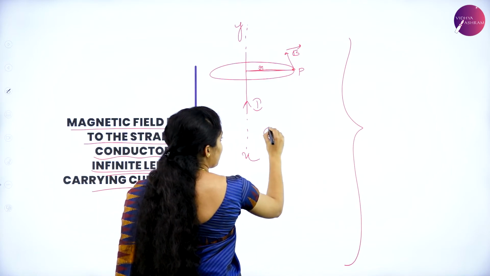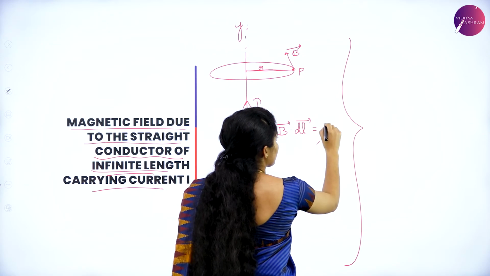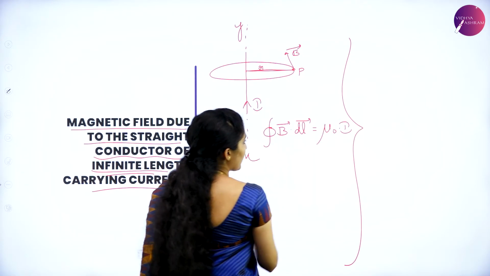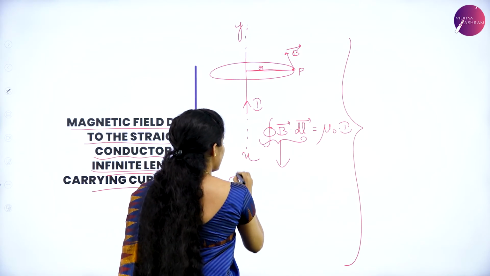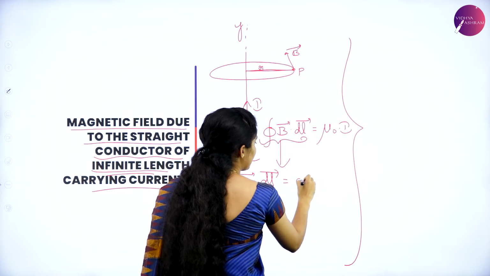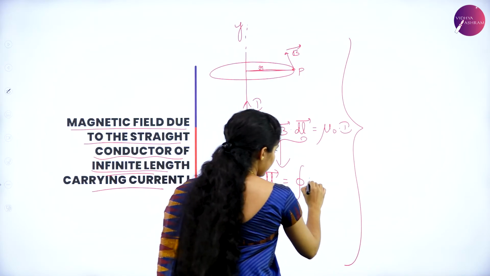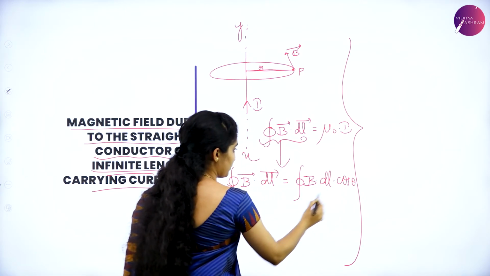According to Ampere Circuital Law, we have the line integral of B·dl equal to μ0 into I. Take only the left hand side. The line integral B·dl can be given as B into dl cos θ, which is the magnitude of it.